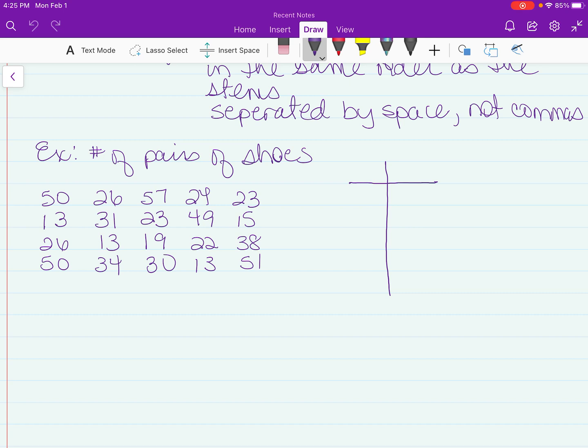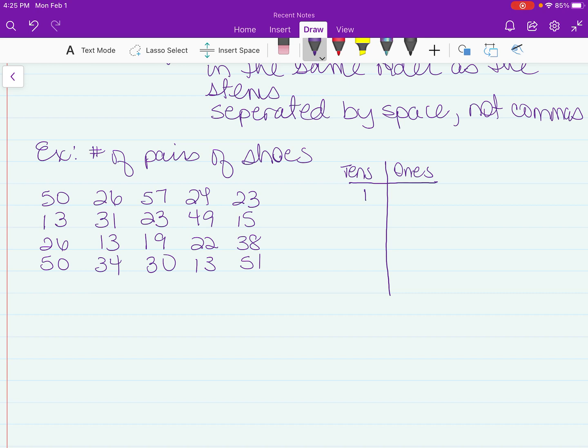So now my stems are going to be my tens digit, my leaves are going to be my ones digit. You don't have to label those that way, but that just tells you what I'm going to be putting where. My data goes from 13 to 57.